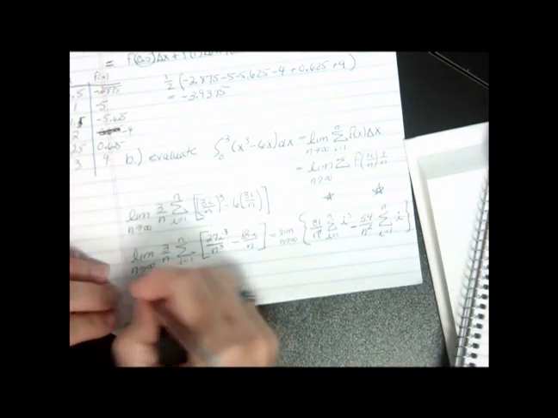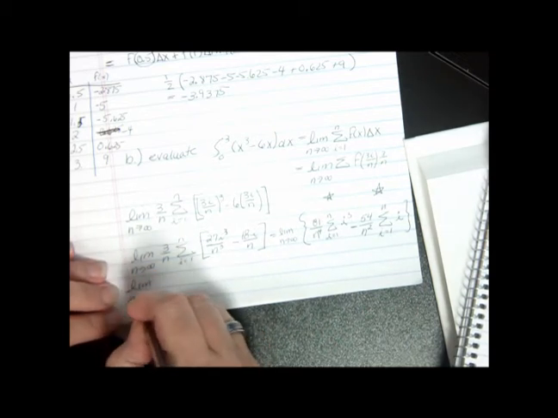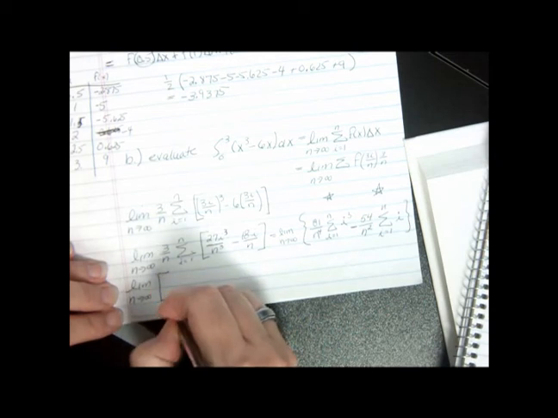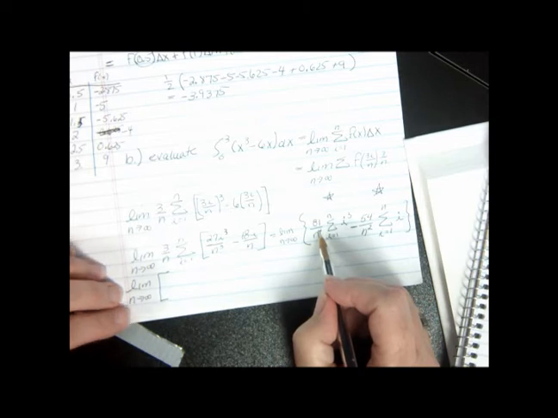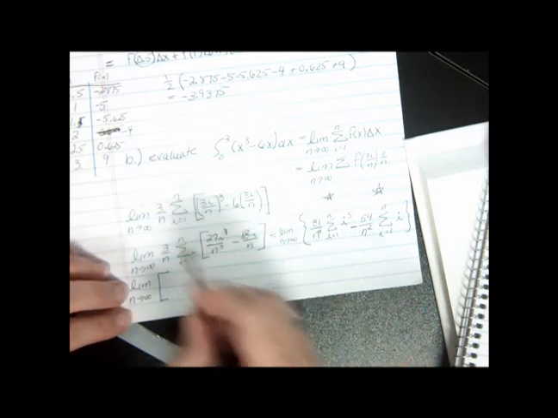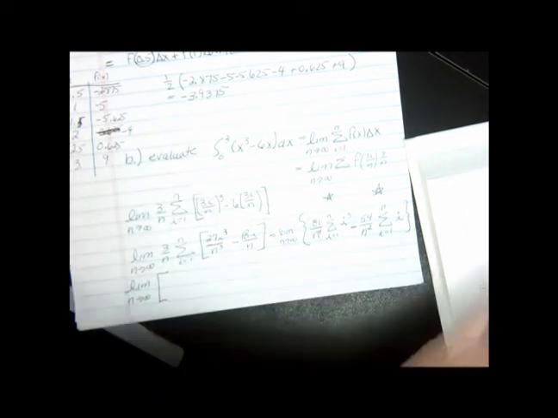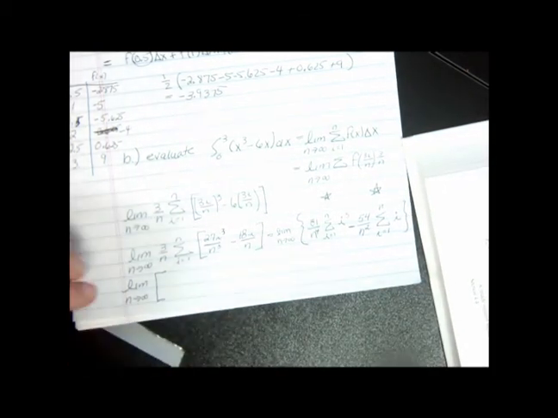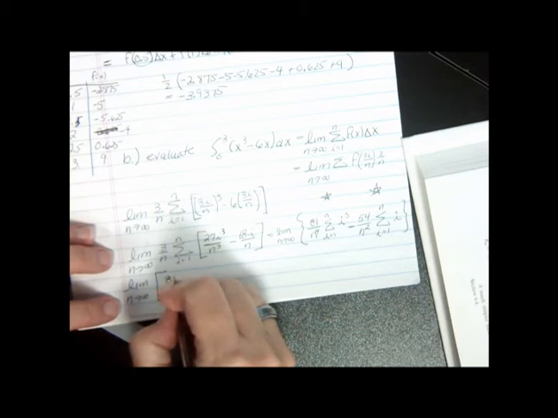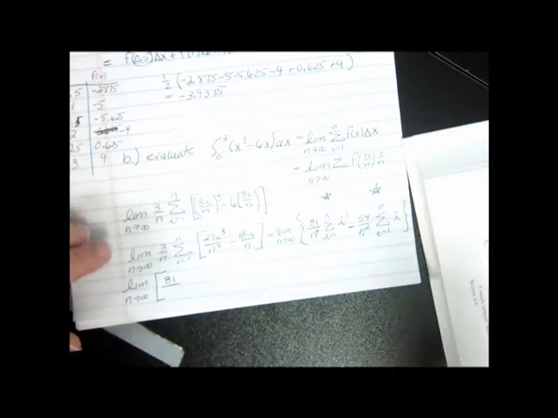Hopefully I'm going to have enough room at the bottom of this page without cramming it too much. I now have 81 over n to the fourth, and now my value. Well, first let me put in this step.